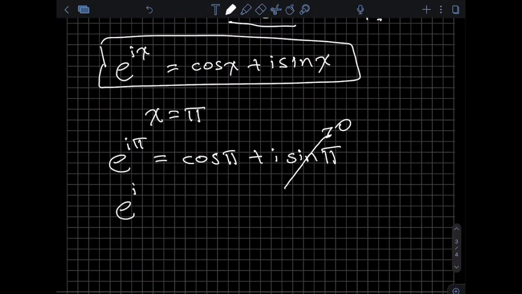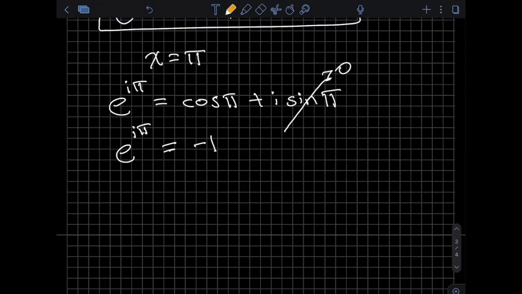Then we would have e to the power of i pi will be -1 because cosine pi is -1. Now let's add 1 to both sides. So I'm going to add 1 in here and 1 in here. Now this will equal to e to the power of i pi plus 1 is equal to 0.